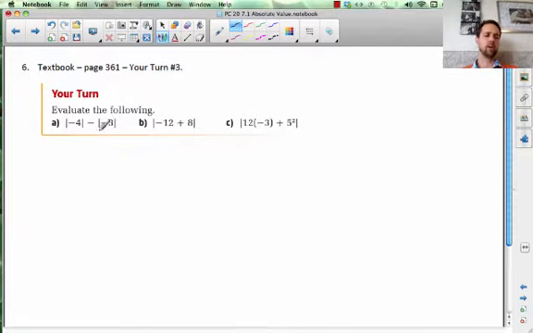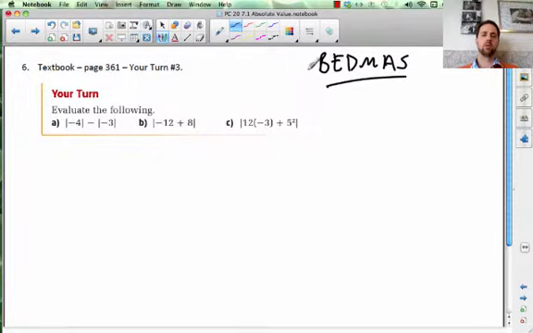This one, evaluate the following. So we just follow our BEDMAS rule here. So brackets, absolute value brackets count as brackets. So we do those first and then we do the subtraction. So the negative of negative 4 minus the negative of negative 3.